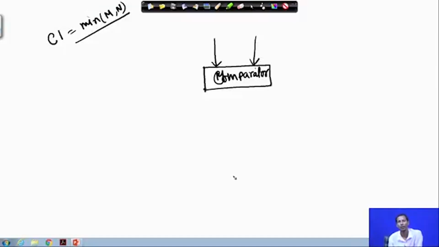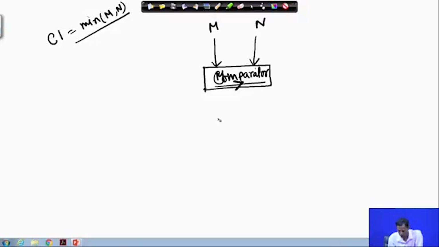I need one comparator. Suppose this is m, this is n, and I need to choose the minimum of m and n. So, suppose I choose an m greater than or equal to n comparator over here.